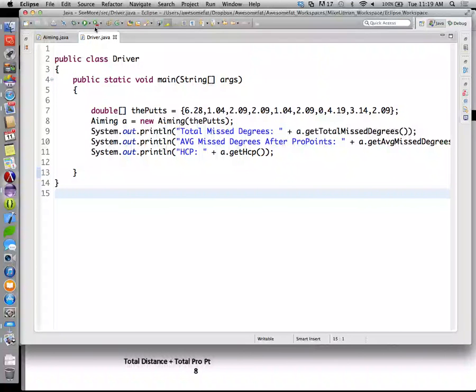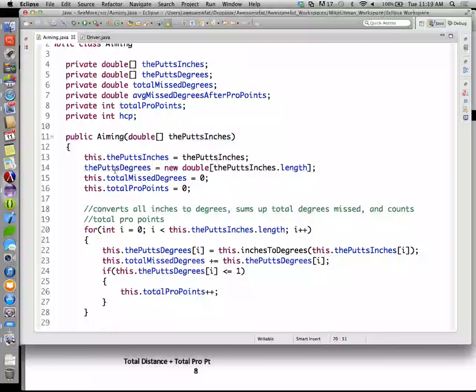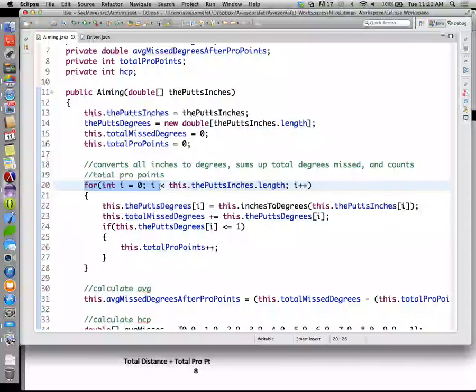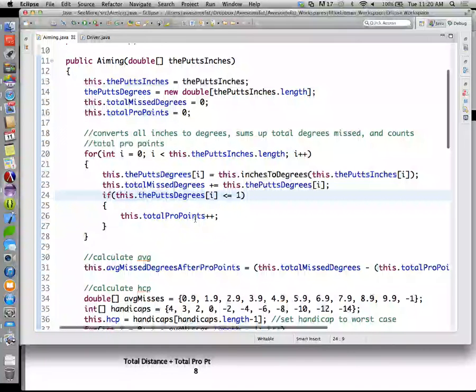Okay, so now we are capturing total inches missed from the center into an array called the putts, passing the putts into our constructor for aiming. We are then building the putts in degrees, initializing missed degrees and total pro points, going through, filling up our putts in degrees by converting all of our putts in inches, summing up total missed degrees, summing up total pro points.